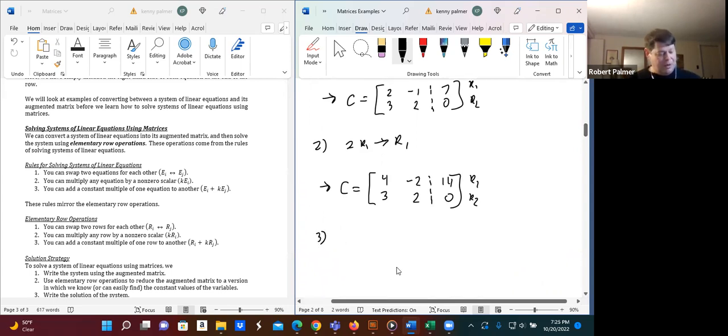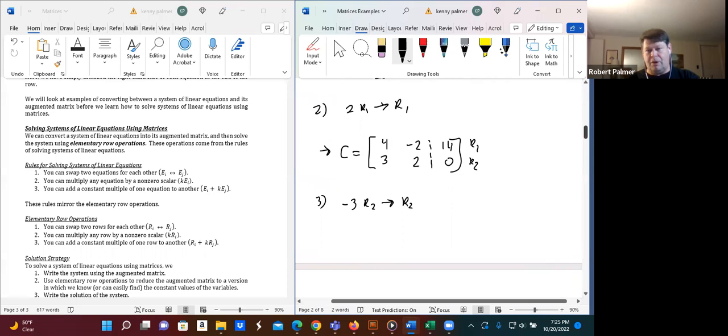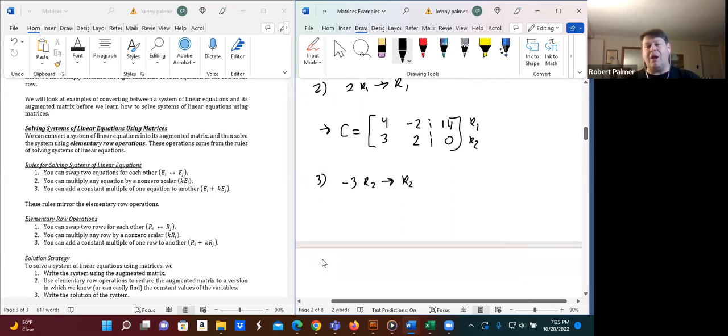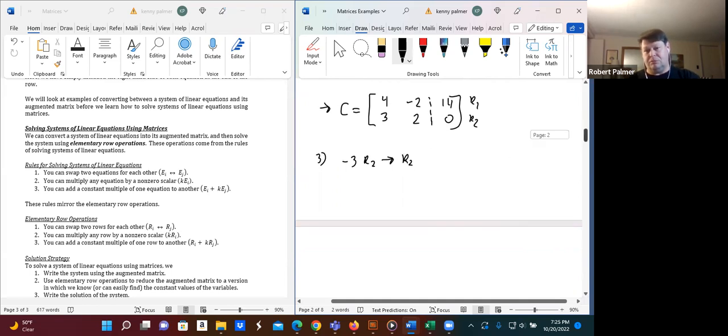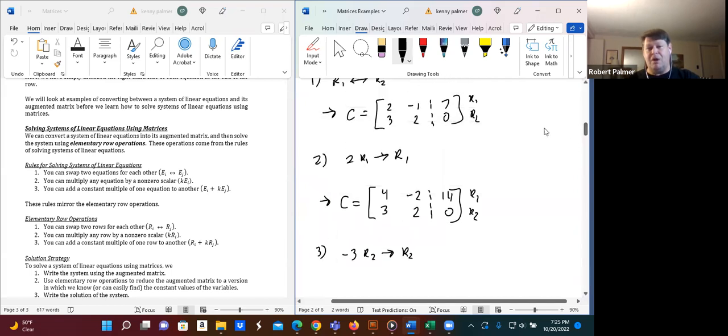How about we do -3 row 2 goes to row 2. Now I'm going to go back to my original row 1, though it doesn't have to be. Original row 1 was 2, -1, 7.